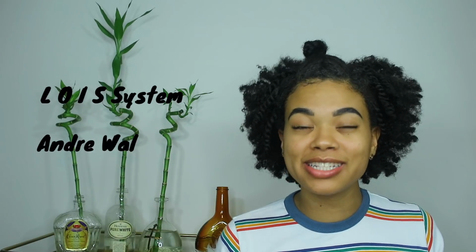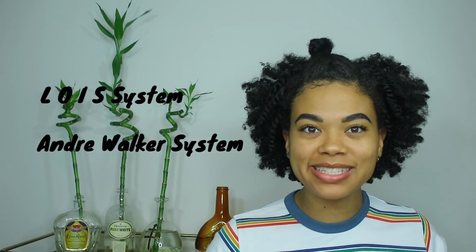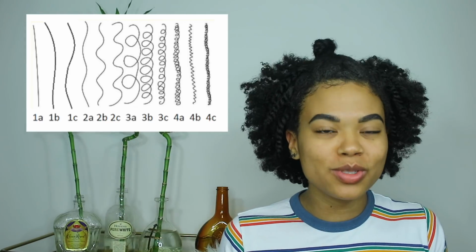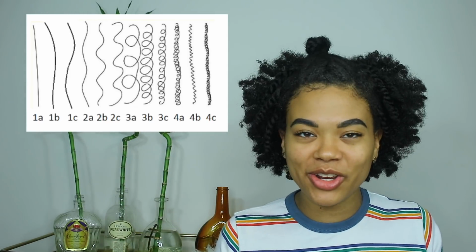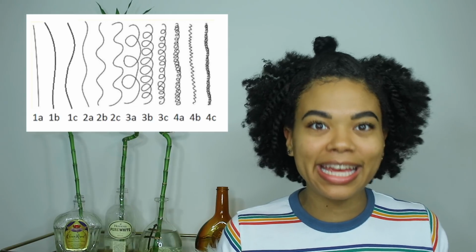So the two hair typing systems that I'm gonna talk about is one, the LOIS system, and then two, the Andre Walker system. And in that hair typing system, basically your type 1s are straight, type 2s are wavy, type 3s are curly, type 4s are kinky.